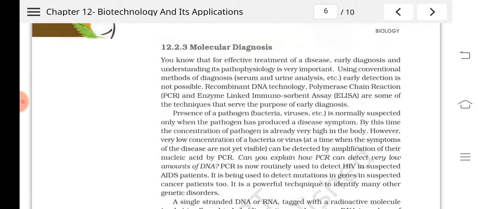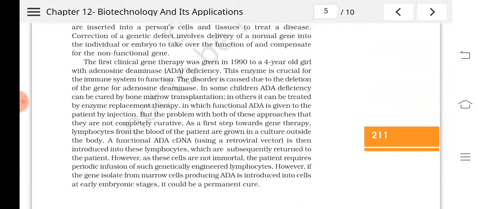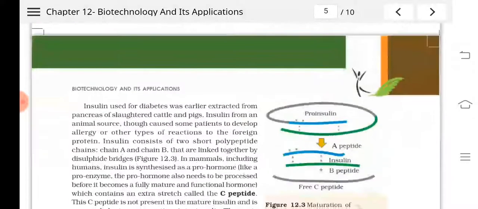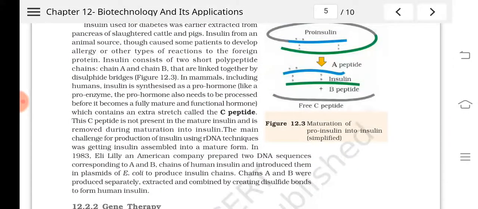So these are some examples, only a few examples we are studying, of the applications of biotechnology in the field of medicine. Understood? More than this, many other instances or examples are there where biotechnology is useful.